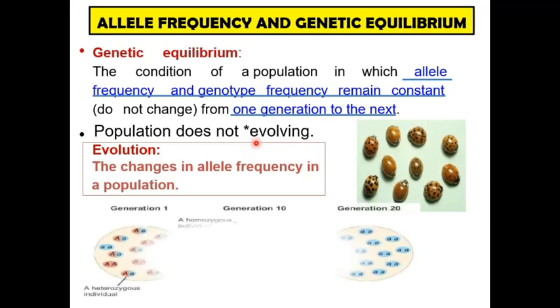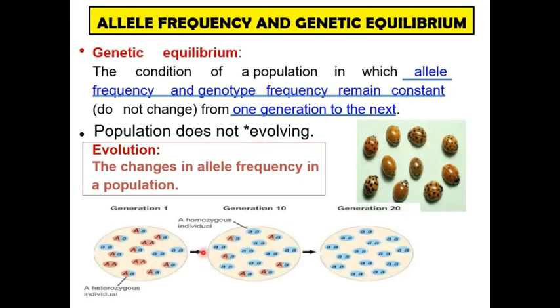We can see from this diagram that the frequencies of alleles and genotypes change from generation 1 to generation 10 and generation 20, which means this population is not in genetic equilibrium.